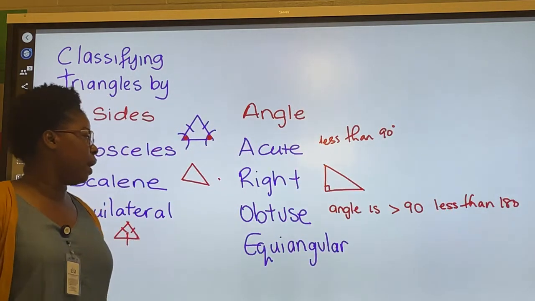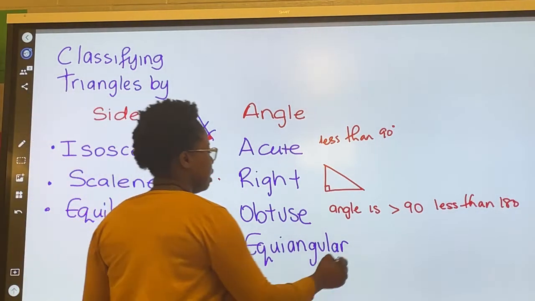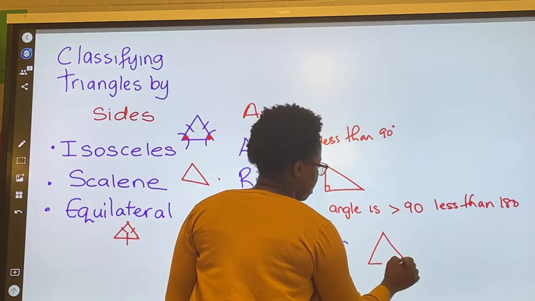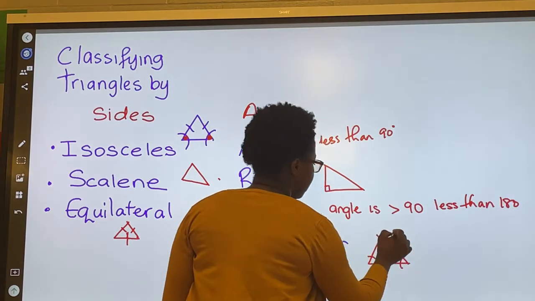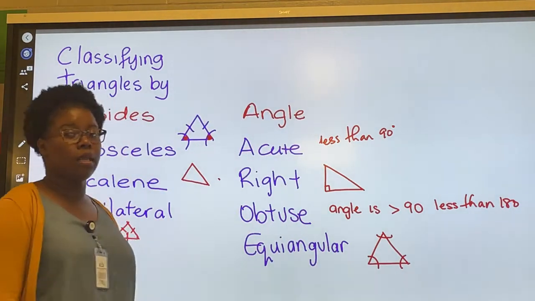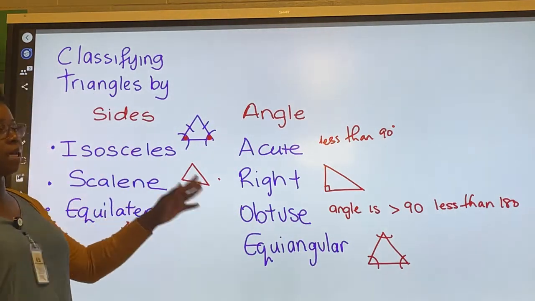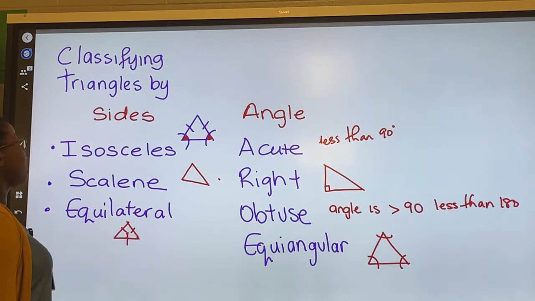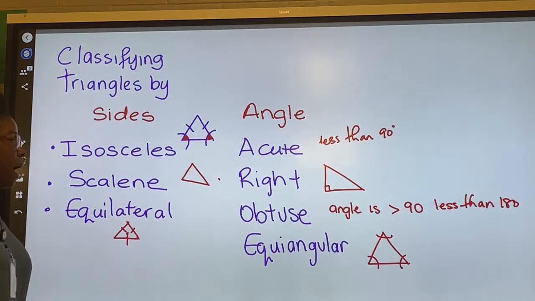And for an equiangular triangle, all angles are equal, meaning they all equal 60 degrees. So that's basically how you classify triangles based on sides and angles.